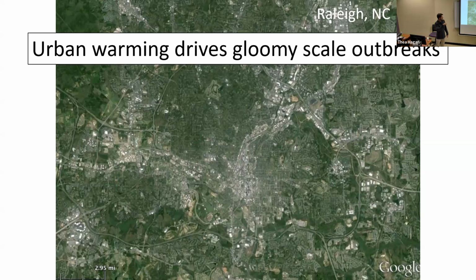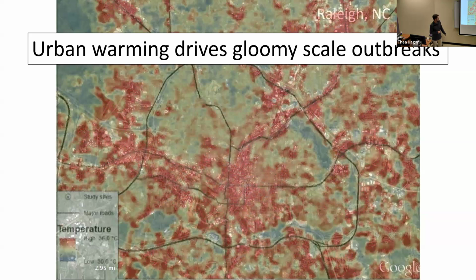When you look at the surface temperature of these gray spaces compared to the green forested areas, there's a dramatic difference in the climate of those spaces, the microclimates they experience.